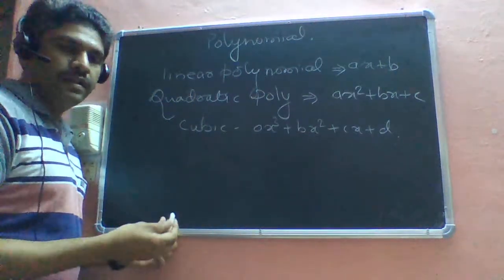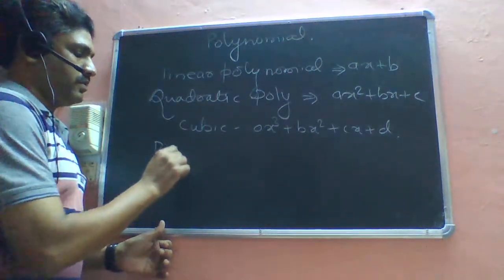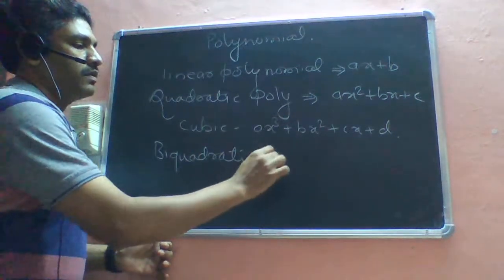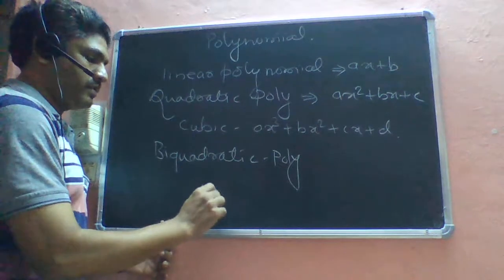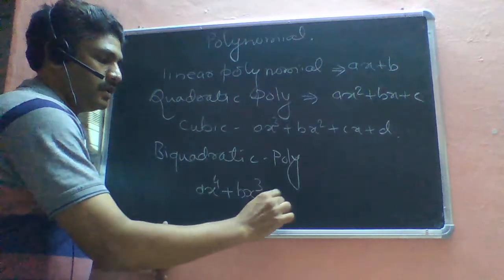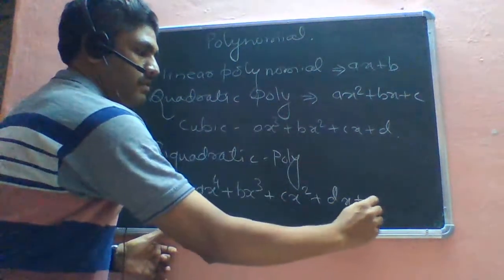And one more is there, that is biquadratic polynomial, where the highest power is 4: ax to the power 4 plus bx cube plus cx square plus dx plus e equal to 0.